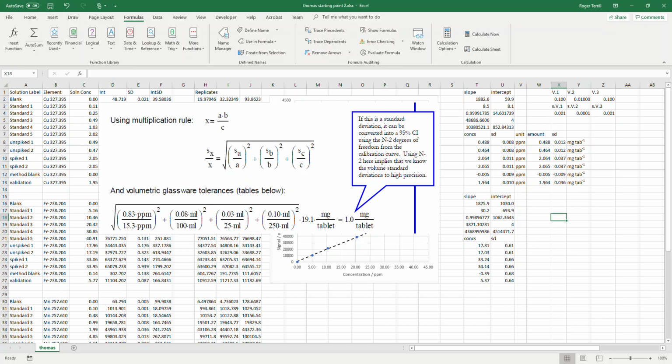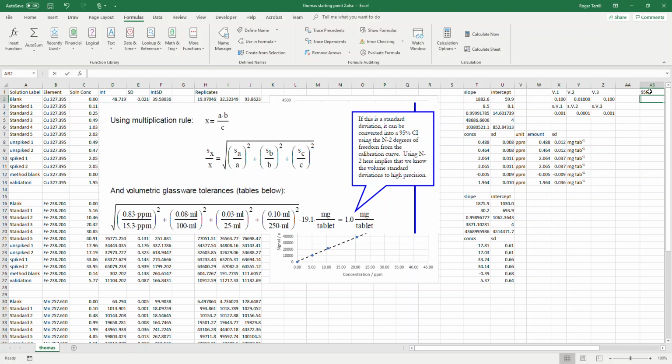Now, there is one final step here, which is to go to the confidence interval. And in order to get the confidence interval, once you have the standard deviation, all you really need is the 95% confidence interval. So you can go up and say 95T4, let's say, and that's the 95% confidence interval.